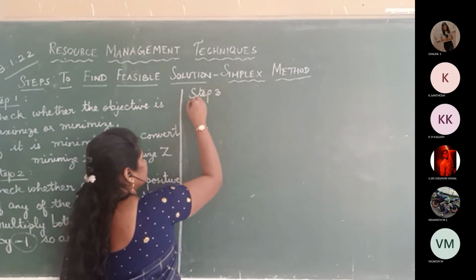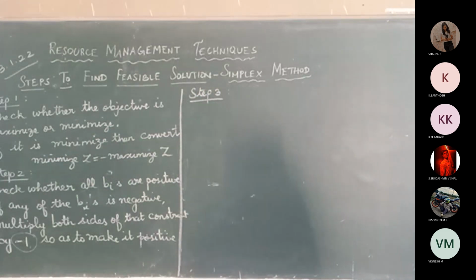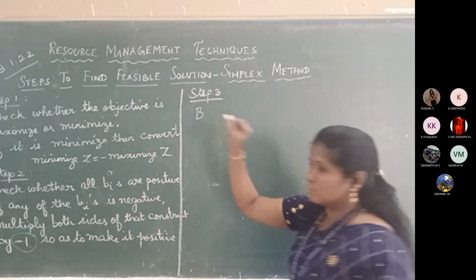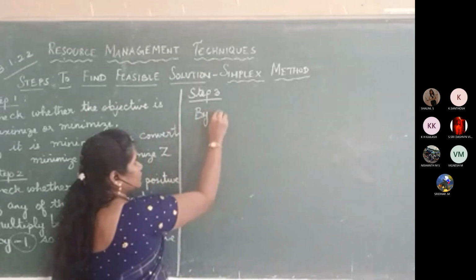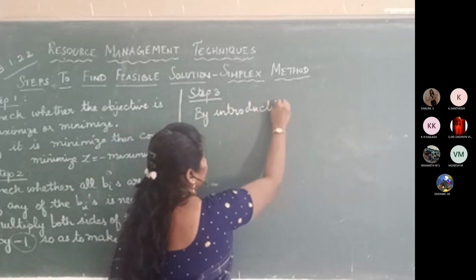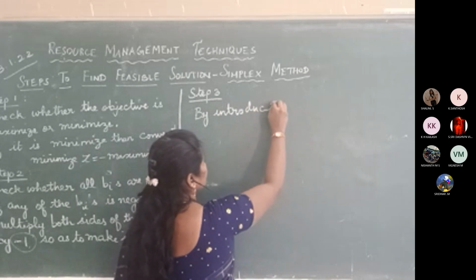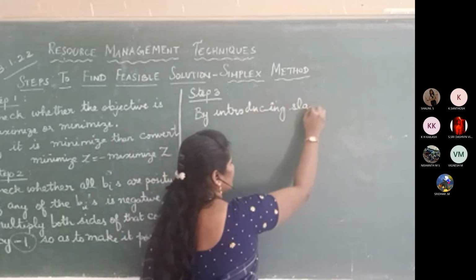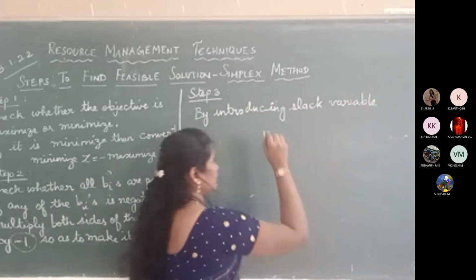Your step 3. The step 3 will be introducing slack variables. Your slack variable we denote as SI.